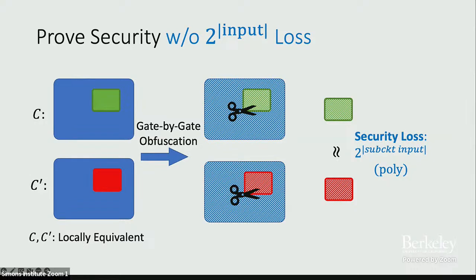Any questions? That's where the order log n comes in, like the fact that these obfuscations blow up. Good question. Because the size of the subcircuit is of the order of log n, in this step the security loss is at most 2 to the log n, which is a polynomial.